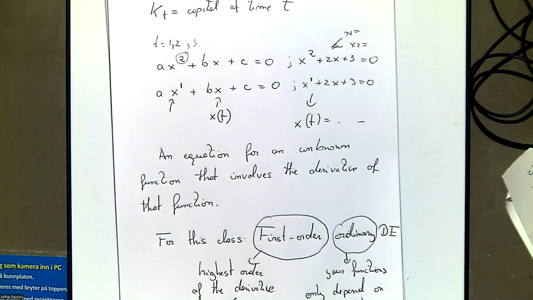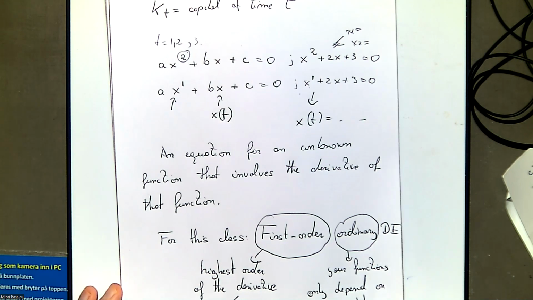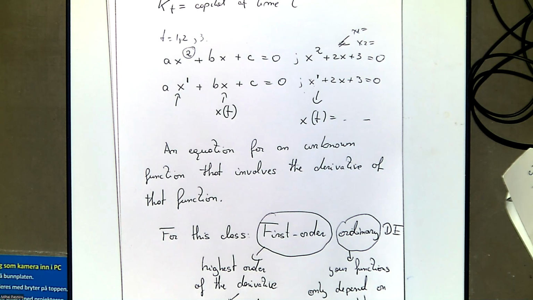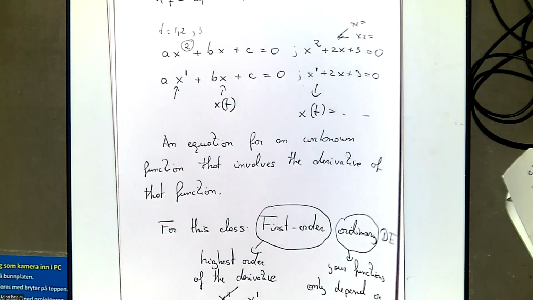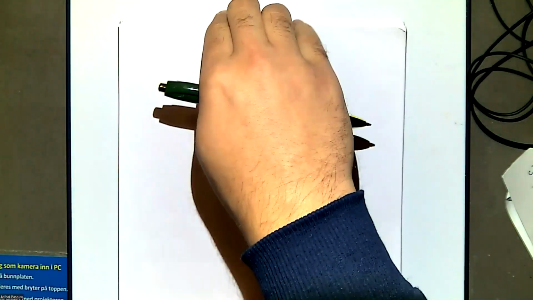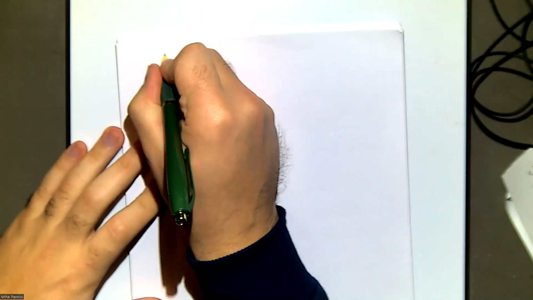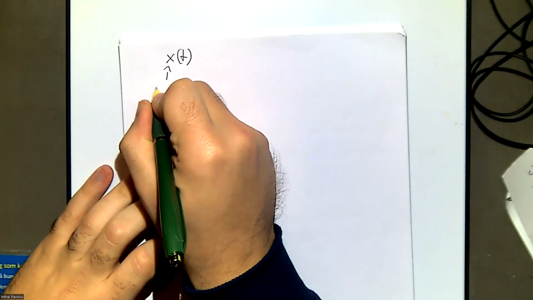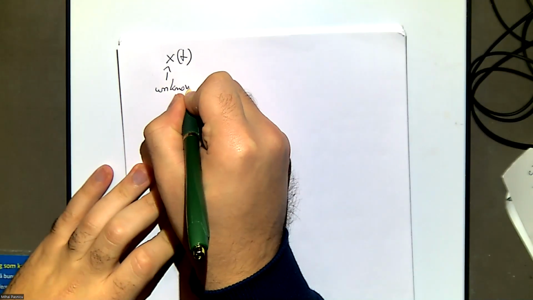That would be, I guess, the interpretation. Obviously, when you're dealing with economics, you can interpret it in different ways, but I'm not doing economics right now. Now, just so we're clear, and I'm going to write it really clear because this is what you need to find out. x is your unknown function.